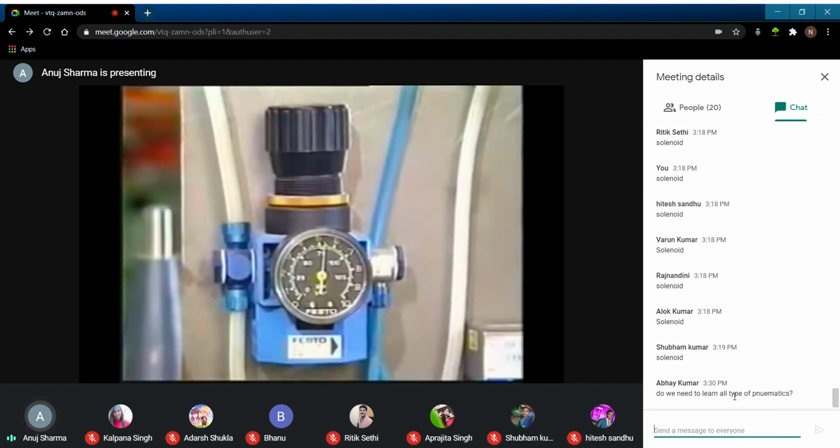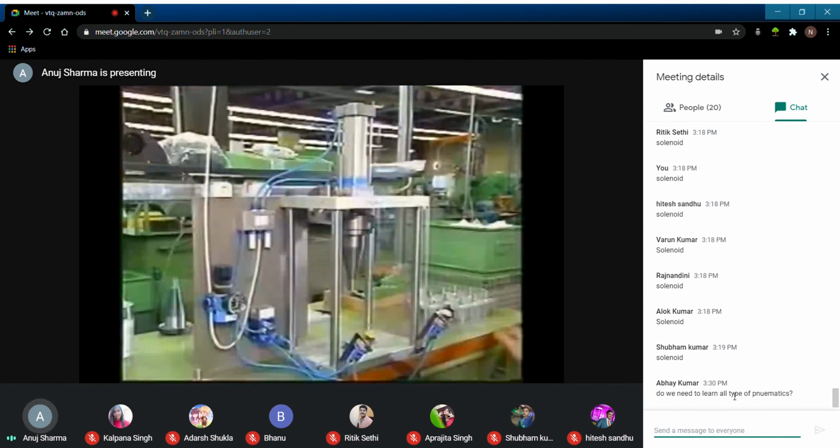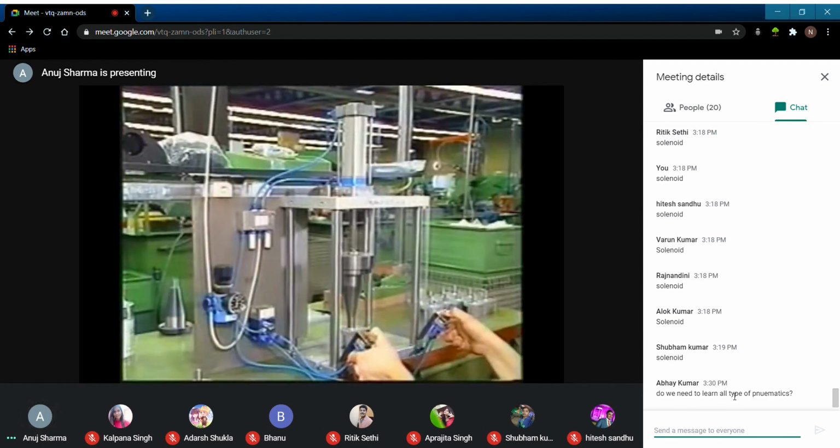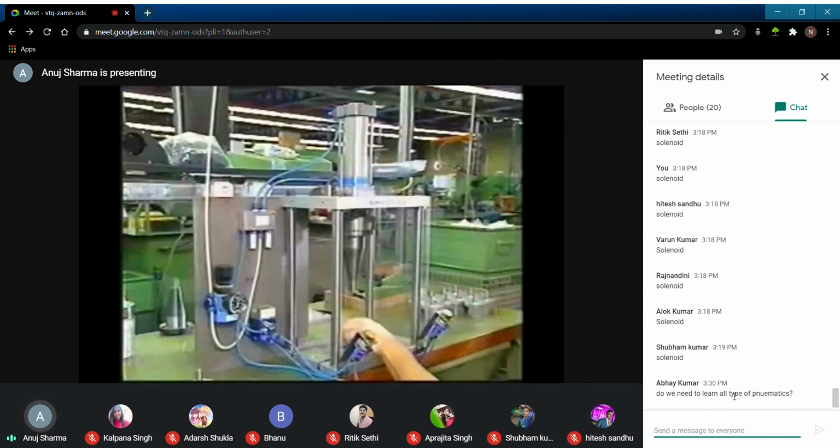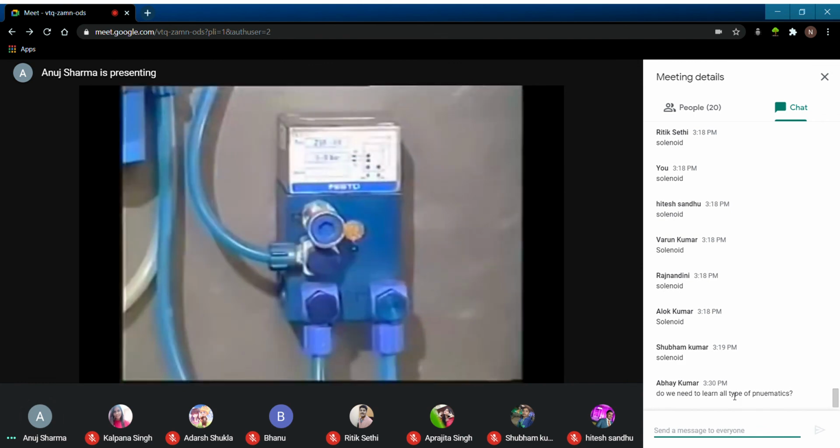The service unit is the source of energy and its preparation. The 2 manually operated valves initiate control signals. This AND valve provides a logic function.